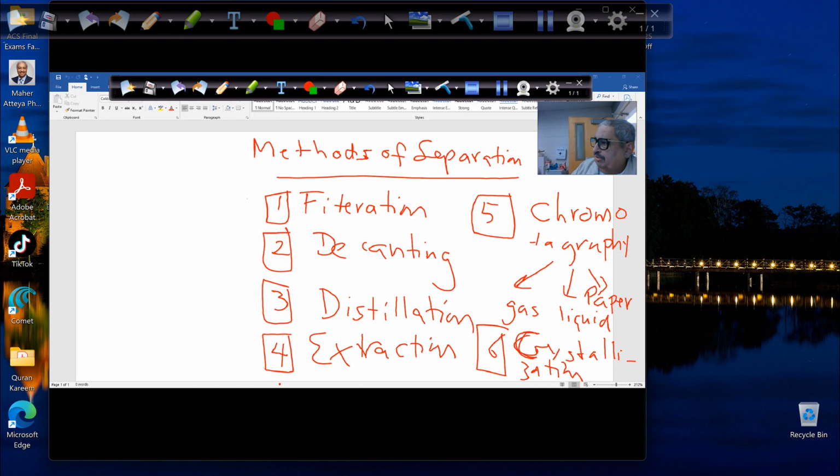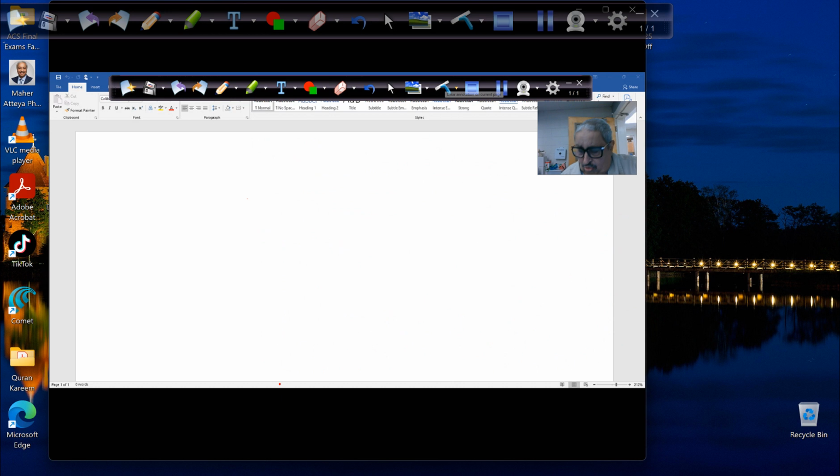Of course, today we'll be concentrating on the fourth type of separation, the extraction method. As you can see, this extraction method has several types, but we will concentrate on solid-liquid extraction and liquid extraction.